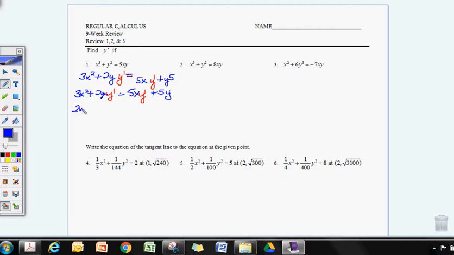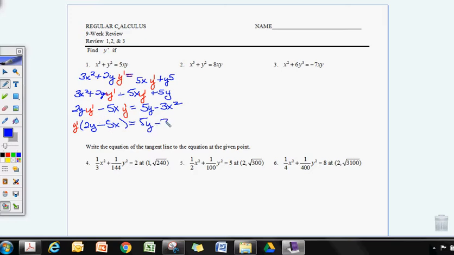So my 2y y prime is going to be subtracting a 5x y prime. And then on the other side of the equation, I have that positive 5y, and now it's going to be subtracting my 3x squared.